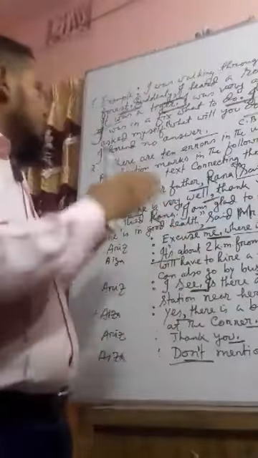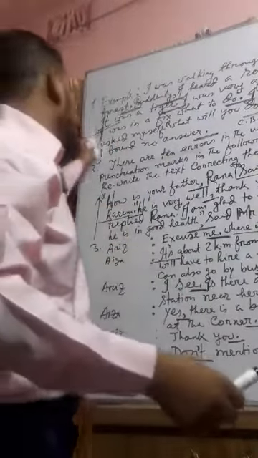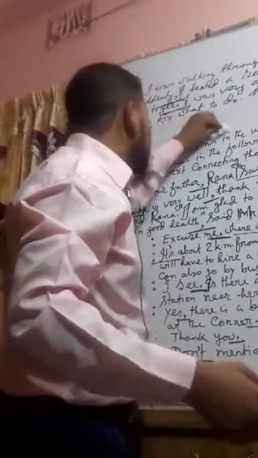So just now, I will say something about the rules of punctuation marks. The first one is full stop or period. In American English it is called period, and in British English it is called full stop.